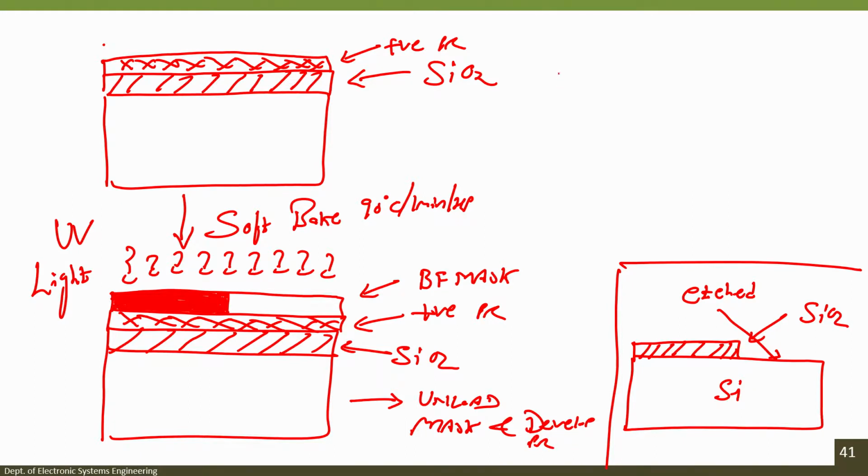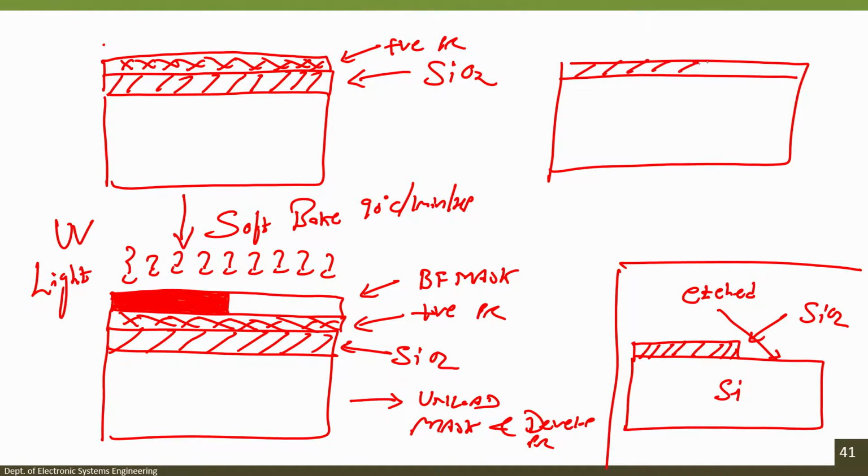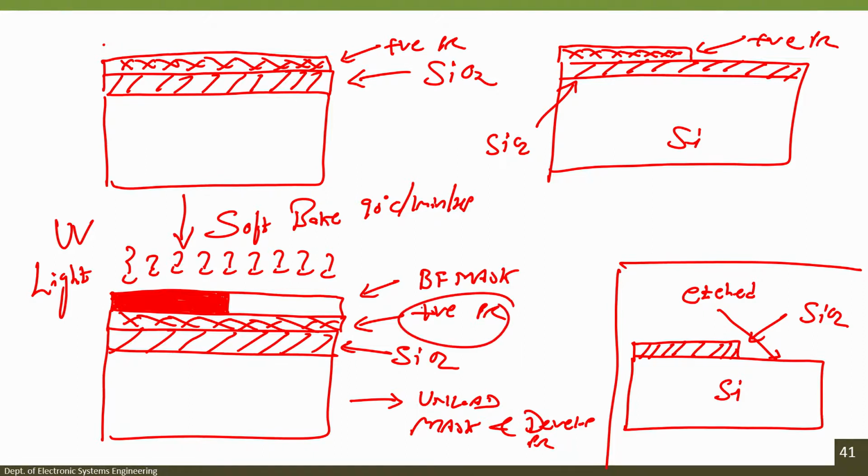If I do that, what I will have is the silicon wafer, my oxide, and photoresist will stay in the region which is not exposed to UV light, right. The unexposed region will get stronger in case of positive photoresist. You can see the unexposed region is stronger in case of positive photoresist.